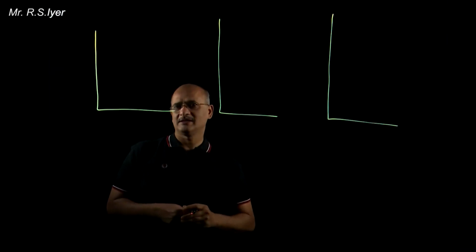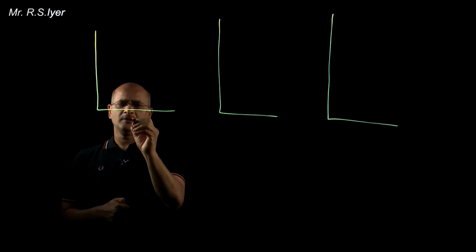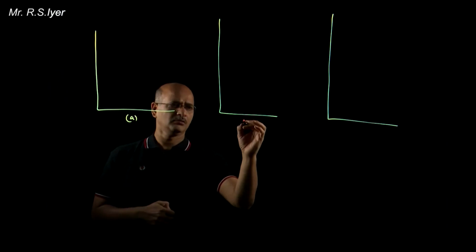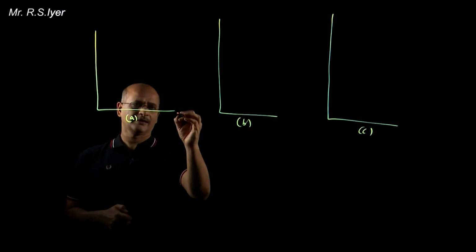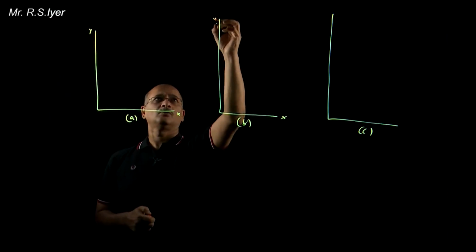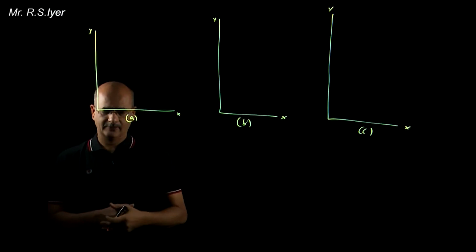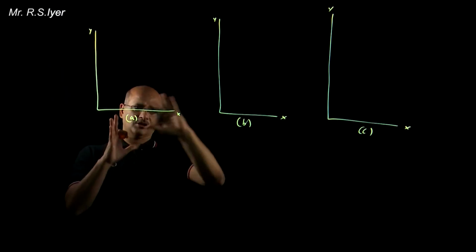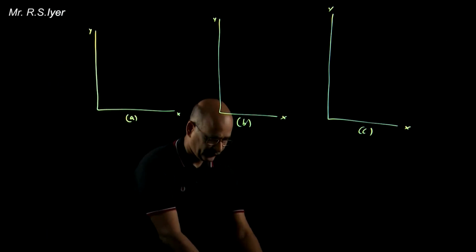I want you to understand the three situations A, B, C. This is the x axis, this is the y axis, for each. Now, I draw a graph in front of you, just a second.